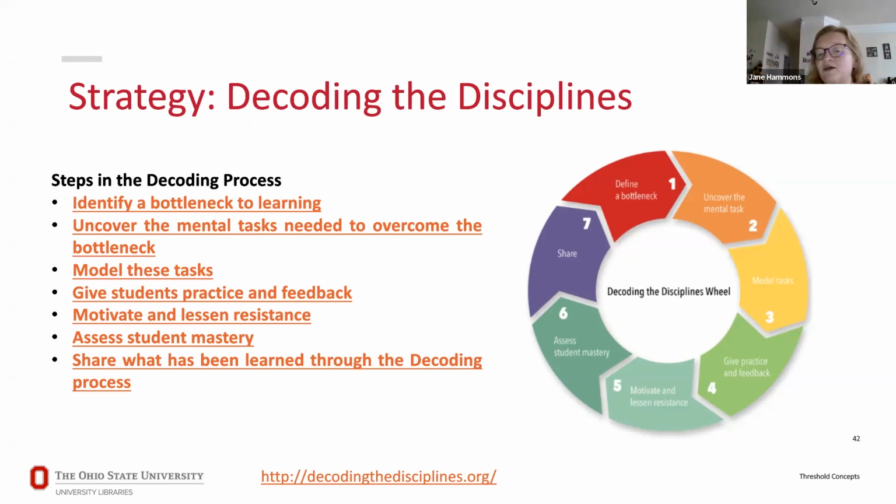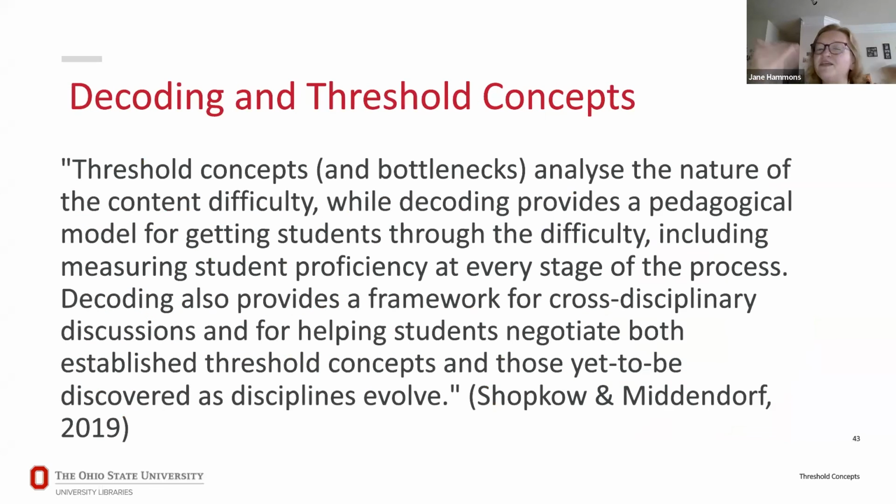If you're interested in learning about decoding the disciplines, I've got a bunch of links available, but these really work well together, right? Threshold concepts is about identifying what those bottlenecks are, and then decoding the disciplines is the process that we can use to help students move beyond those bottlenecks.